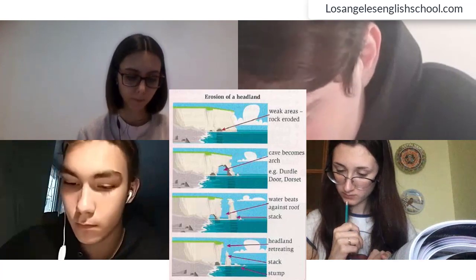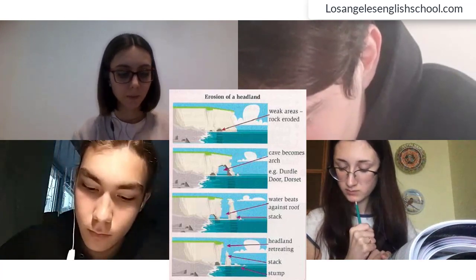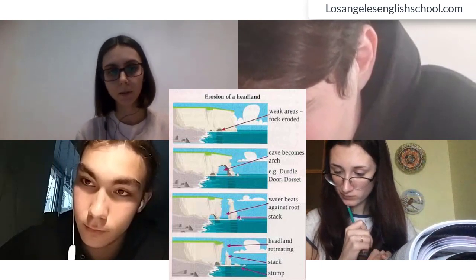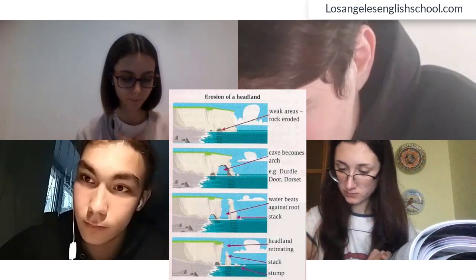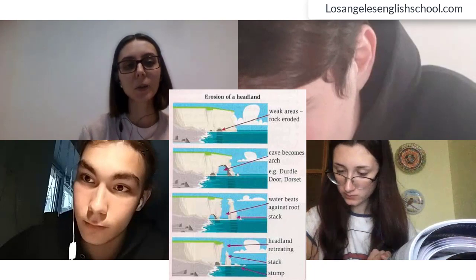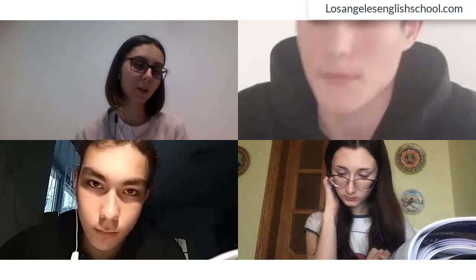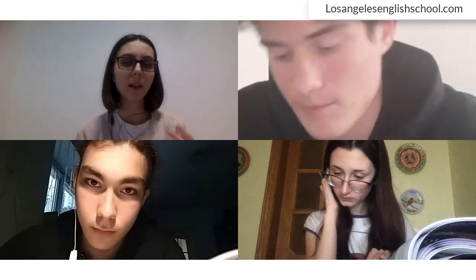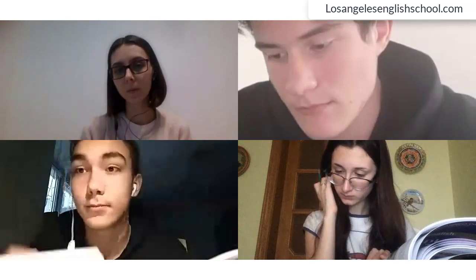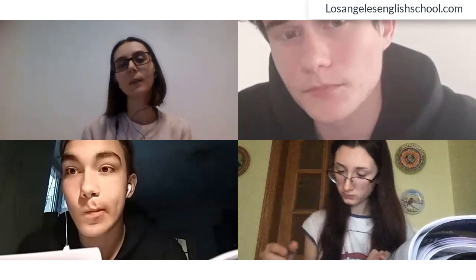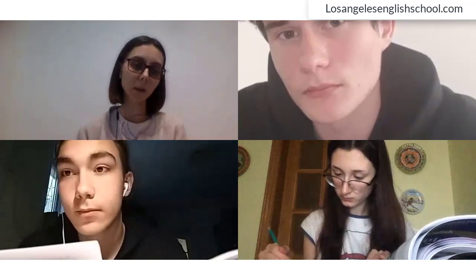You can see different changes happen to this headland because of weathering and erosion. Please try to describe at home what's going on. It's your task. As usual, in Word format, type your answer and send it to me, either on Skype or email it to me.